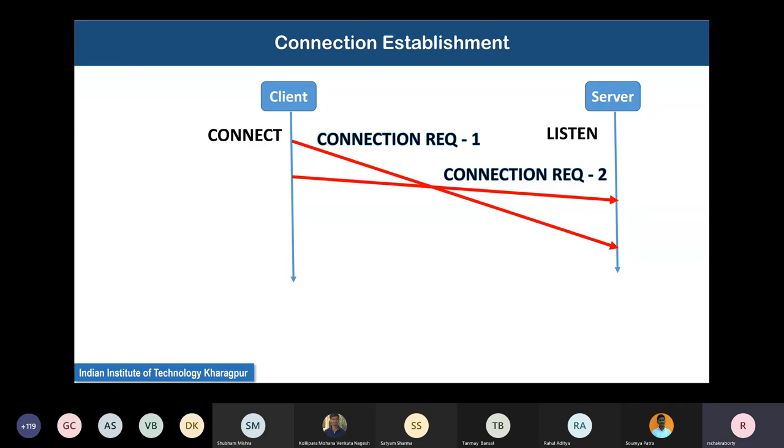This can happen. This is not a made up scenario. It is a big problem because now the server thinks that the client is requesting another connection. How does the poor server know that this is actually the request corresponding to only one connection, because it is receiving two different packets?